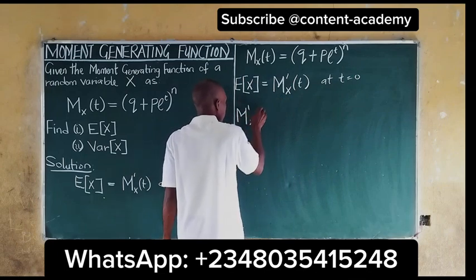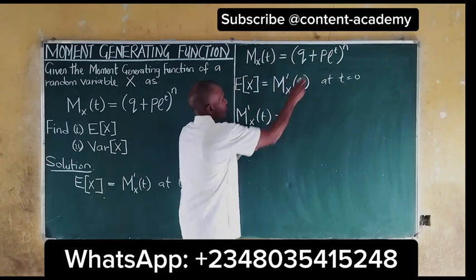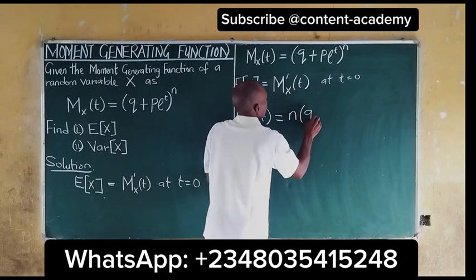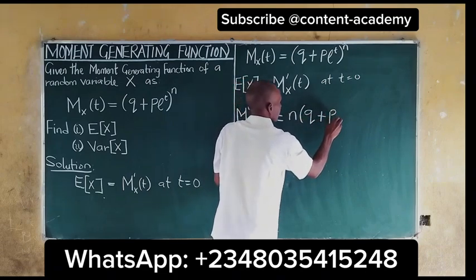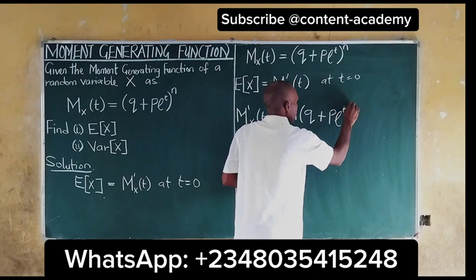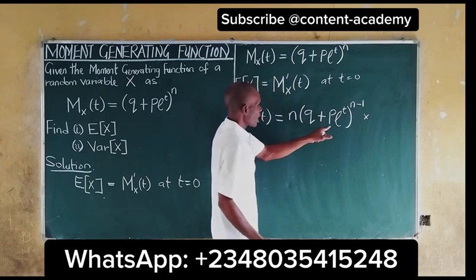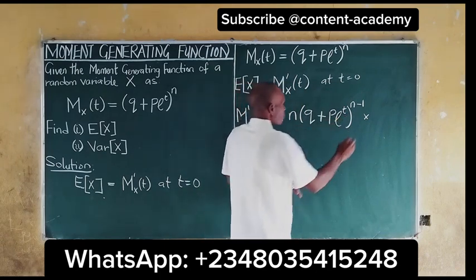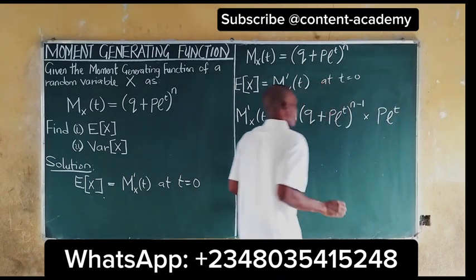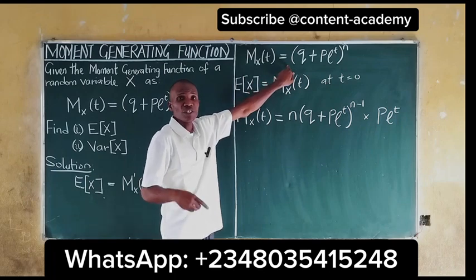If we differentiate this function, n will move over to this side, we'll get n into (q plus p e^t) raised to the power of n minus 1 times, now because we are differentiating with respect to t, we'll have times p e^t. So this is what we'll get if we differentiate the moment generating function.